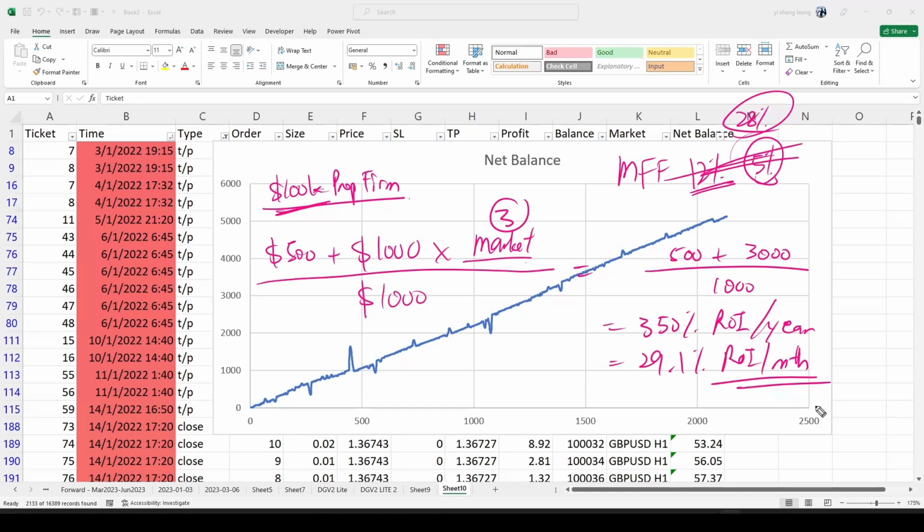But with this kind of planning, it is not that hard to get around this kind of ROI. If you want to add more, there will definitely be a chance that you spend more money. Let's say you go for seven markets, and with seven markets you can get 7,000 here. But then you may burst the account as well. Let's say the gold market suddenly drops by 3,000, 4,000, 5,000 points.